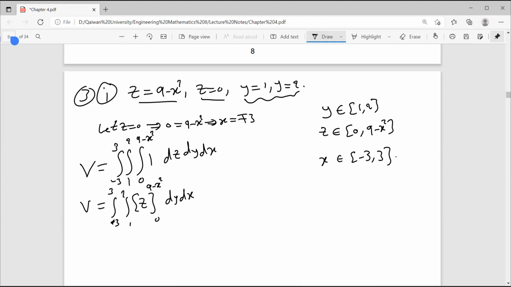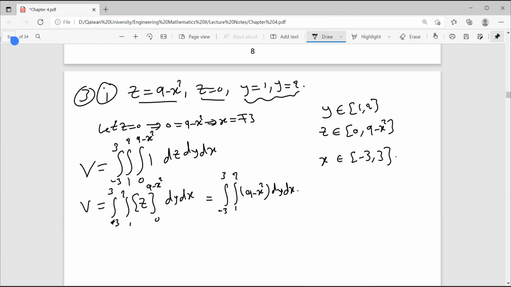We first replace z by 9 minus x squared, and then minus, we replace z by 0, which is 9 minus x squared. It equals the double integration from 1 to 2 and from minus 3 to 3 of 9 minus x squared dy dx.